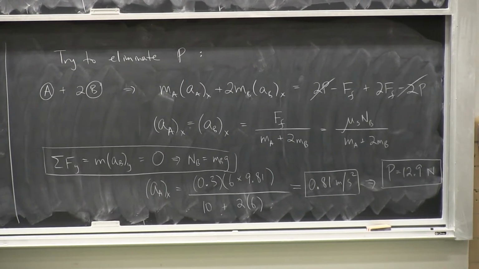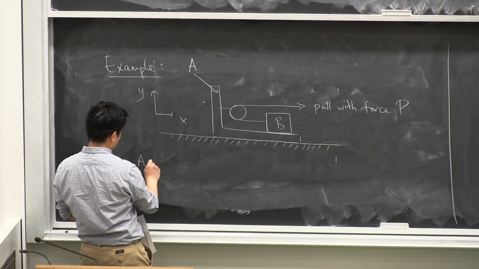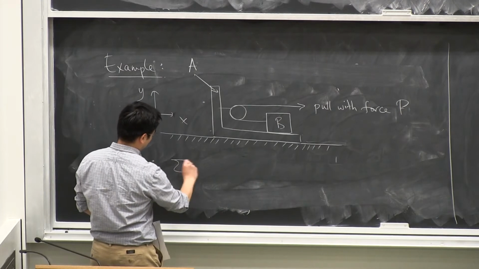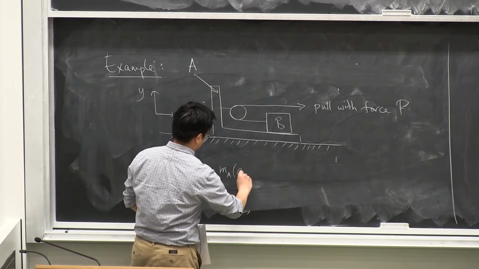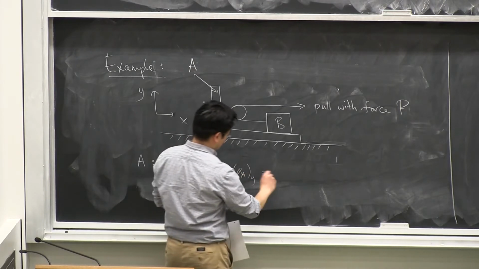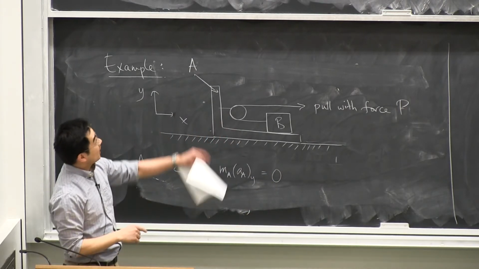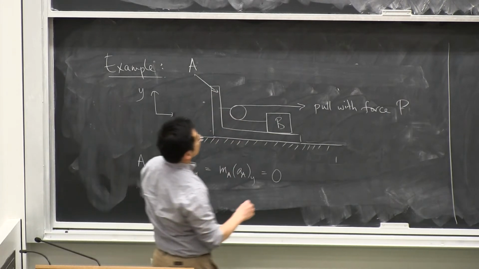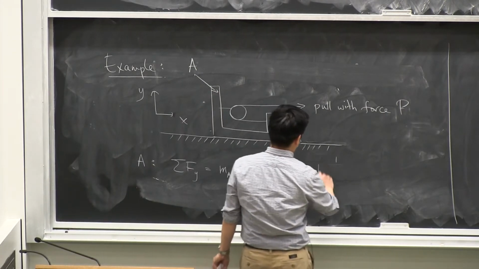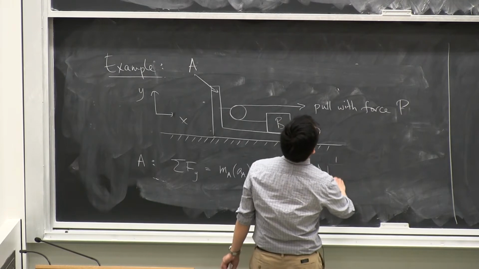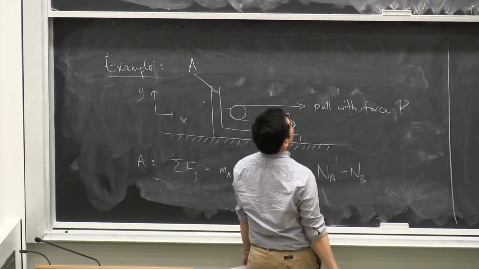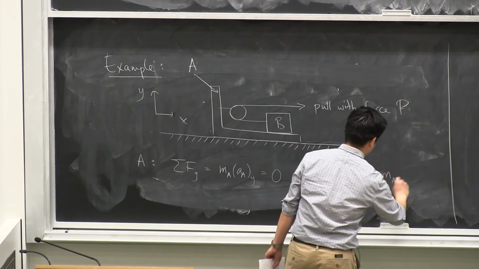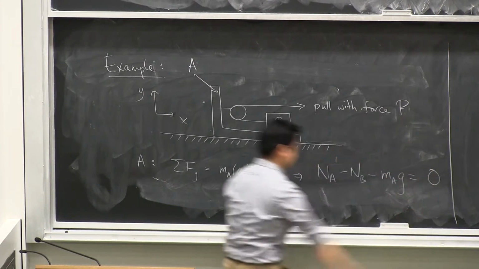Why don't we do y for A? So the y direction for A would be sum of the forces in the y equal to MA AAY, which is equal to 0 because nothing moves. If I look at that A diagram, it looks like NA minus NB minus MAG is equal to 0.